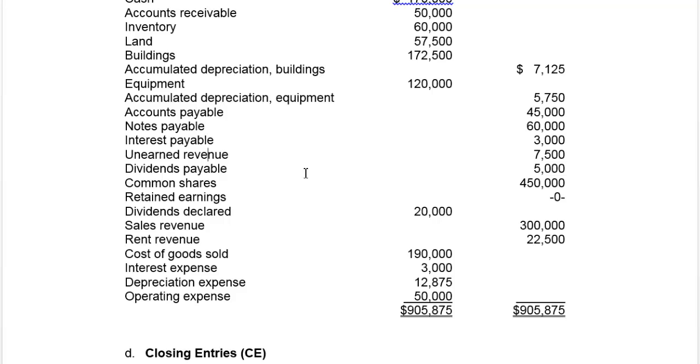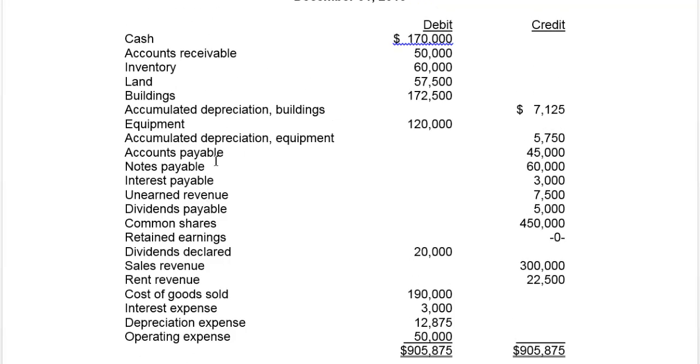I'm encouraging you at this point to go back and look at the problem that we did for Chapter 2 to make sure that you can see where all of these balances tie back to the financial statements, specifically the statement of income or statement of earnings and your balance sheet or statement of financial position. If you look at those two, you should find these balances in there somewhere. You'll find this one at net, this less this, and you should see your equipment at net.